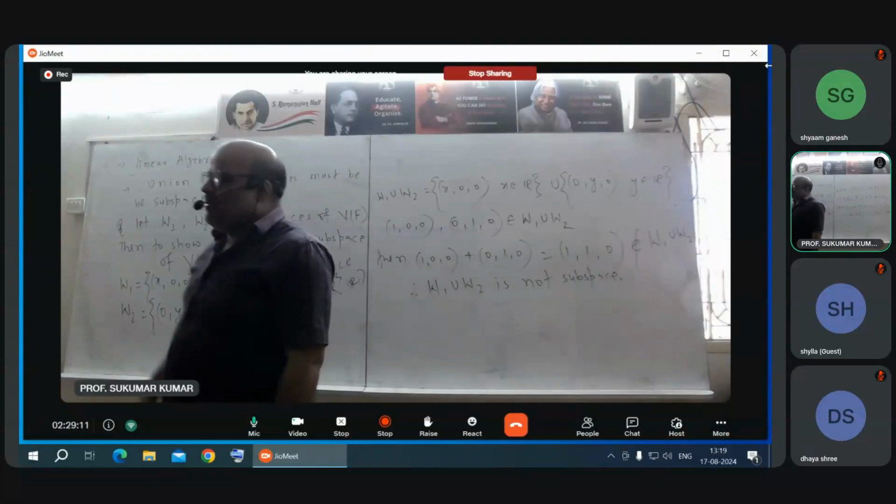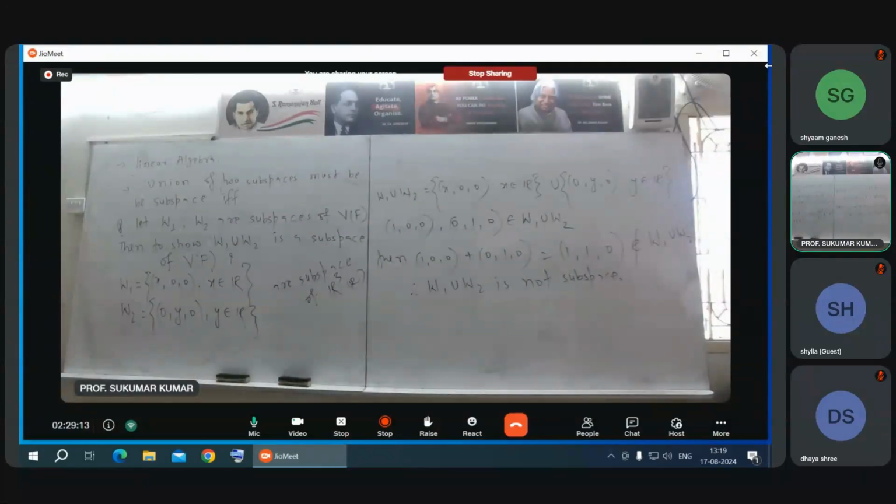Here, what is the meaning of non-empty? Two subspaces' intersection, empty or non-empty, no need to tell first. For a set, empty or non-empty is fine. Intersection must contain some element, and that is called zero. Non-empty means what? Either zero or more elements. That is the meaning.